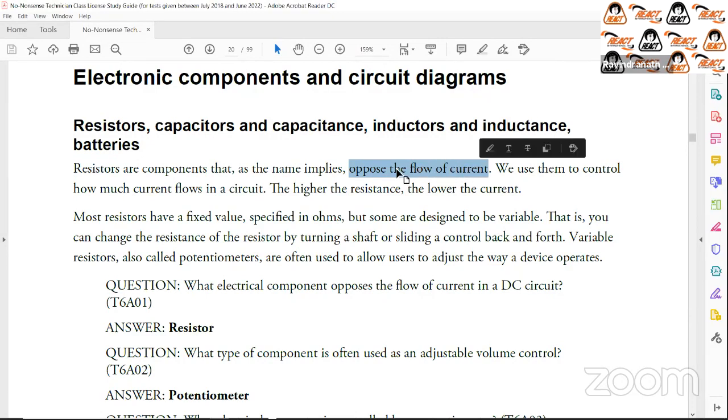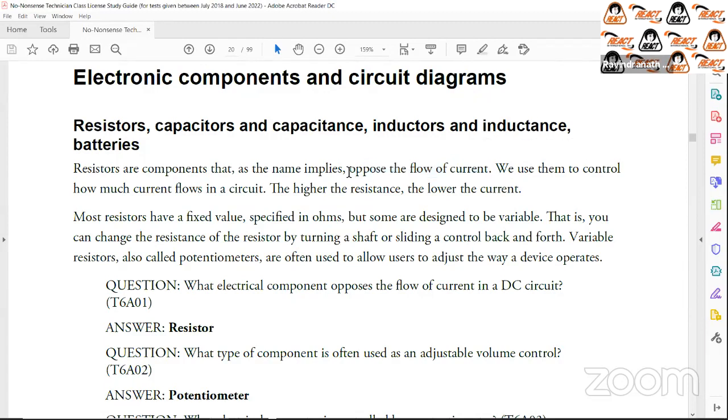So think of a resistor like a lock-off valve in your water system, or a tap. As you close the tap, it presents more resistance to the flow of the water. So a tap is like a resistor in the circuit, except that a tap, you could turn it, open it, and close it, and therefore that would be like a variable resistor.